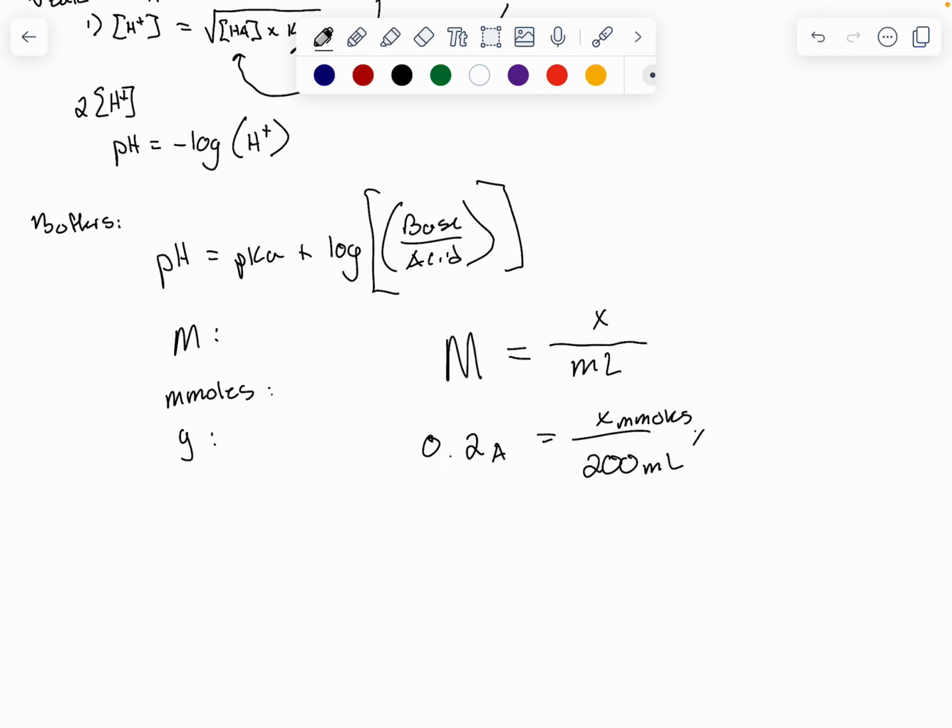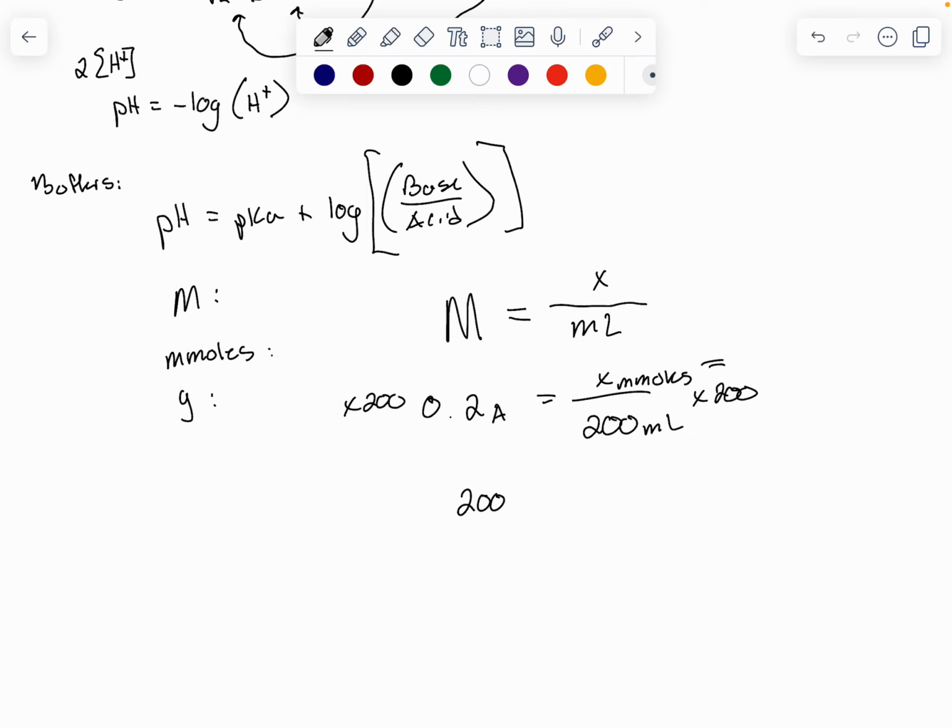All we do is times 200 on this side, times 200 on this side, and boom, 200 times 0.2 equals 40 total millimoles of acid in a solution.